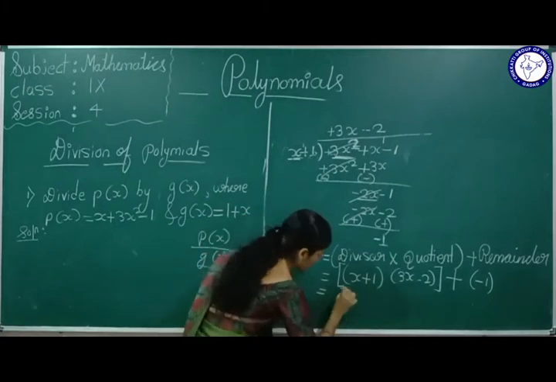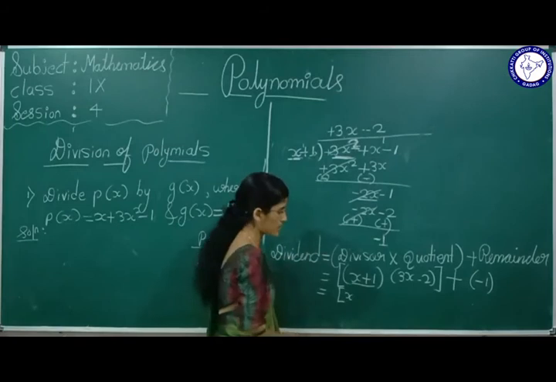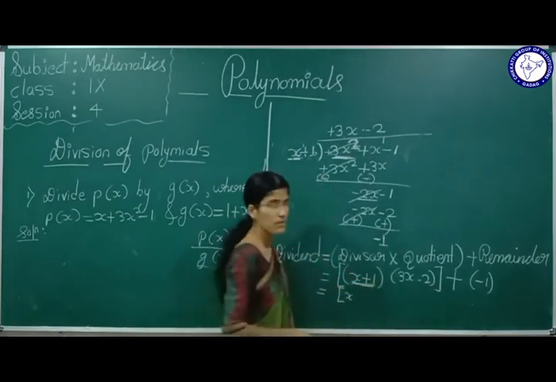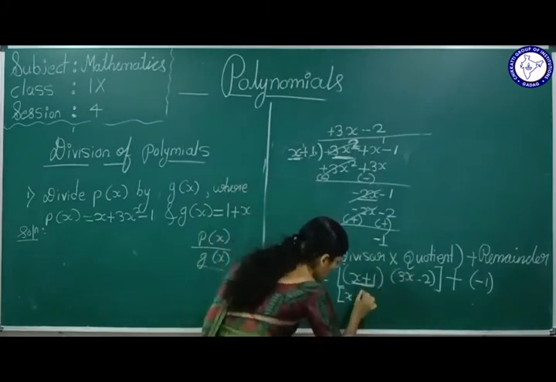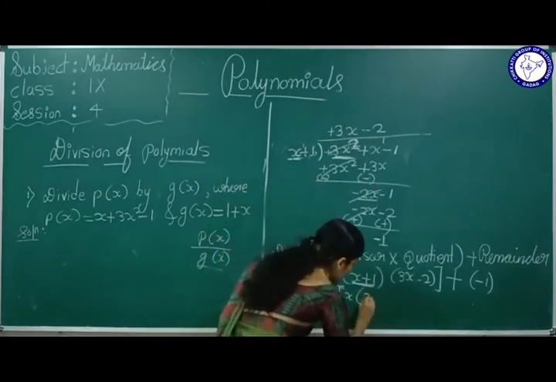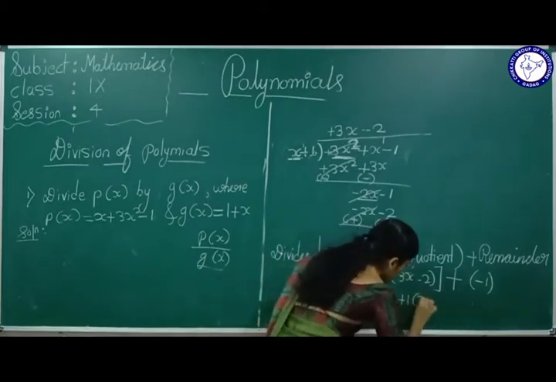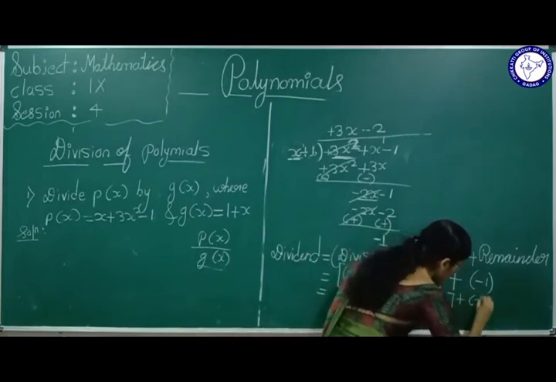You know how to multiply a binomial by a binomial, right? x(3x minus 2) plus 1(3x minus 2) plus minus 1.